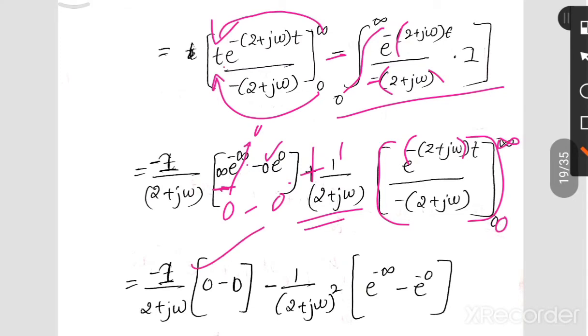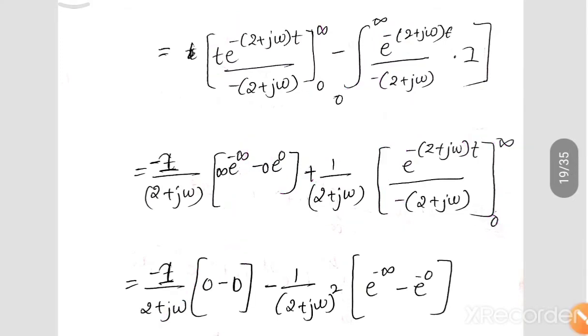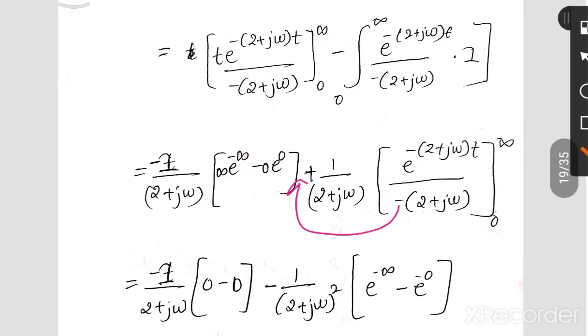So this part will be 0, and then the minus sign you take outside, that is this minus sign into plus will be minus. So 1 divided by 2 plus j omega, this 2 plus j omega also you can take outside. So 2 plus j omega into 2 plus j omega will be 2 plus j omega square. Substitute the upper limit minus lower limit, that is e raised to, in t place, we have to substitute first infinity, that will be e raised to minus infinity, and then minus lower limit, that is nothing but 0, e raised to 0.